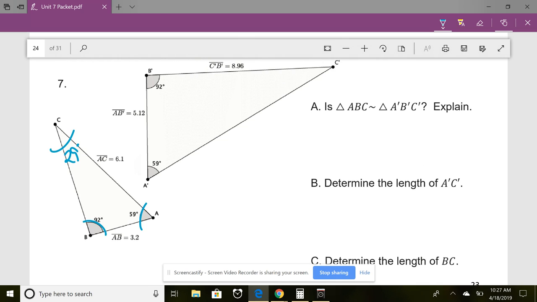Same thing here. These actually have the same exact numbers, 92 and 59. We do the same thing to figure out the third angle, which is also going to be 29 degrees, since those were the same numbers. So yes, they are similar.